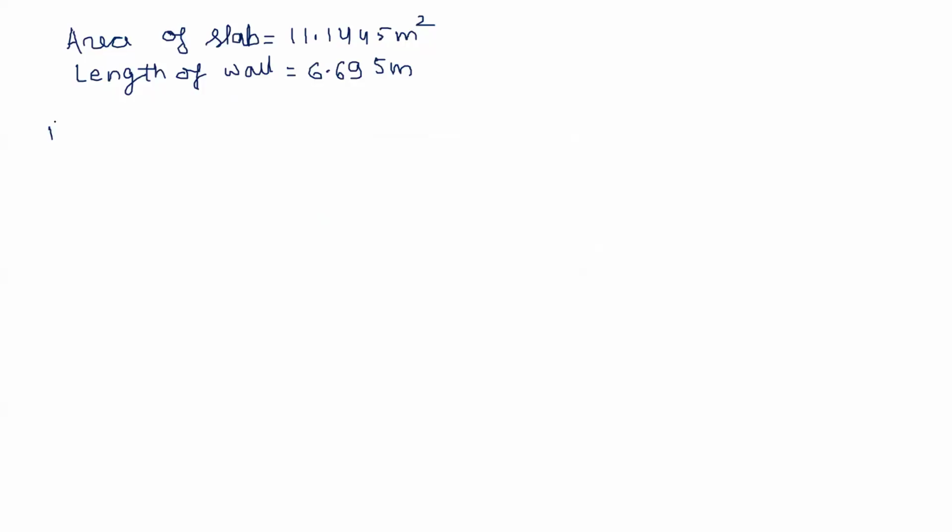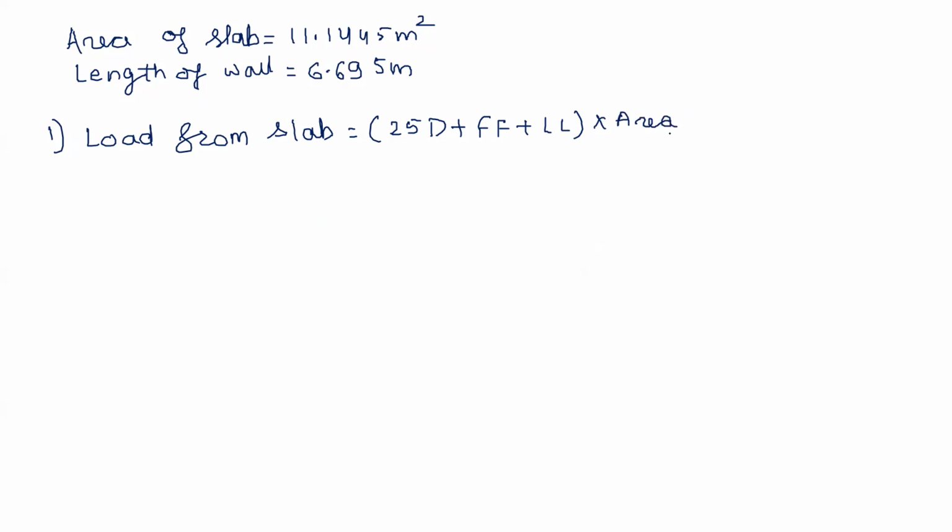Now we will find the total load on it. First we have the load from slab. The same we have seen when we designed the beams: 25D plus floor finish plus live load, into area of slab. Now thickness of slab is given as 0.12.